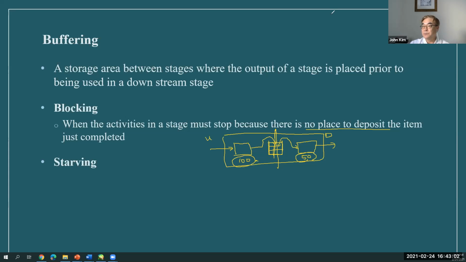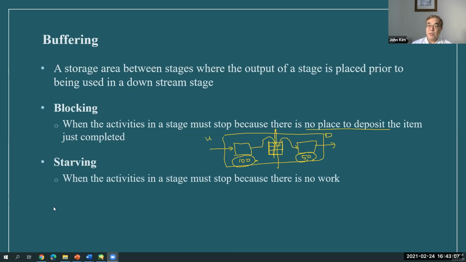The next problem is the starving problem. This is when the activities in a stage must stop because there is no work. It is the same problem of uneven capacity between two stages or activities with a buffer.